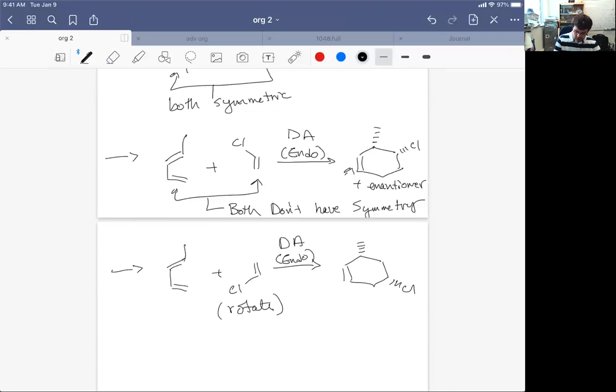So these two structures, I wish I wasn't on separate pages, these two structures are regioisomers.